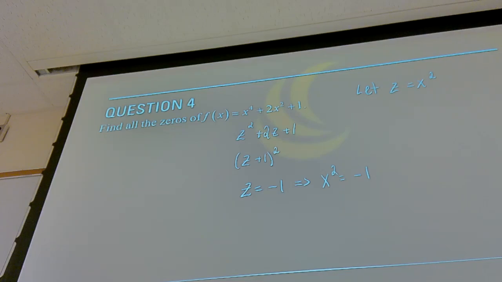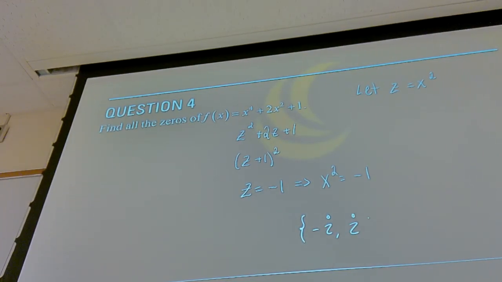You forgot the complex conjugate theorem, which says they occur in pairs. i is a zero, which means so is -i. Both happen to be multiplicity 2. So that's 4 total zeros.